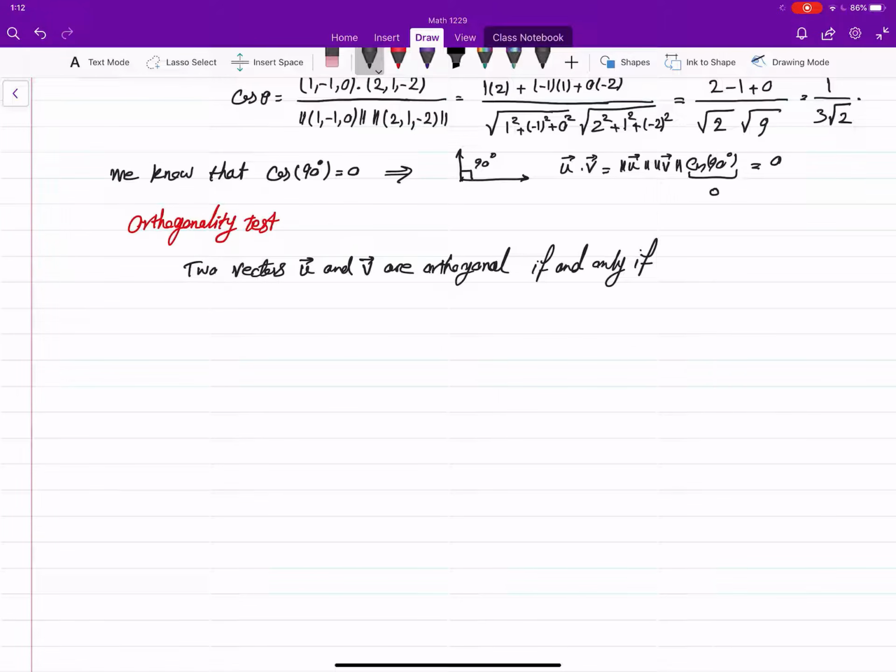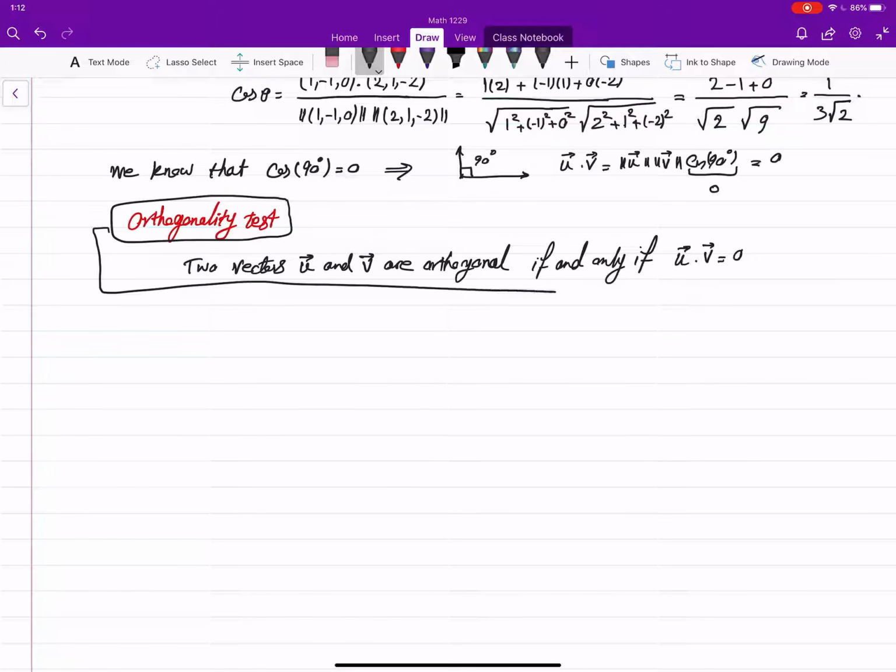There's only one thing you need to check to say if they are orthogonal or not. Find their dot product. If it is 0, that's it. They are orthogonal. So that is the second box I will put for you to keep in mind. We had the cosine formula and we have this orthogonality test.